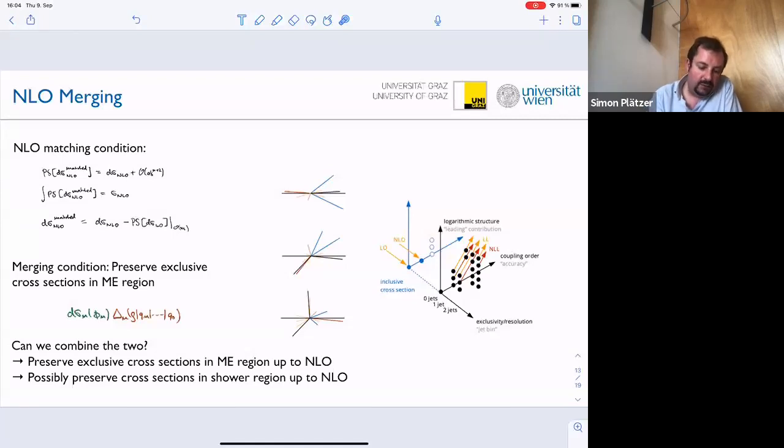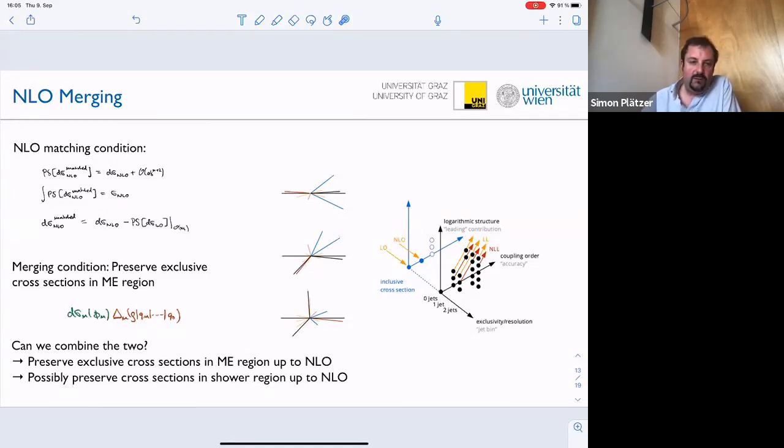And we've seen we could do this by using the NLO cross-section and subtracting the order alpha S expansion of the parton shower acting on the leading order, and then this would satisfy our criteria here. And the parton shower is unitary also at any fixed order, so integrating over this term will just give 0, and we've satisfied the second requirement.